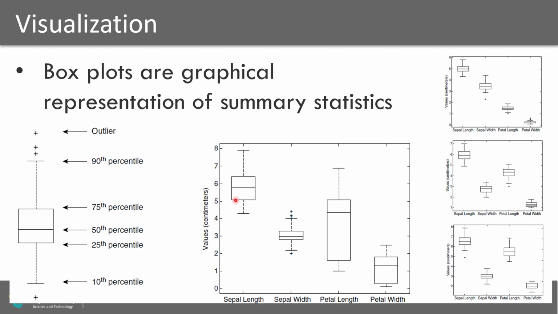but we can see the spread of the data. The median value is here, and the spread is somewhat asymmetric. There is a longer tail, if you like, in the higher percentiles, but we can see until where more or less the data is spread.